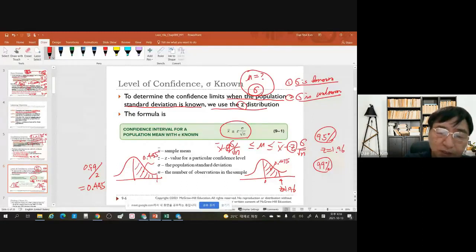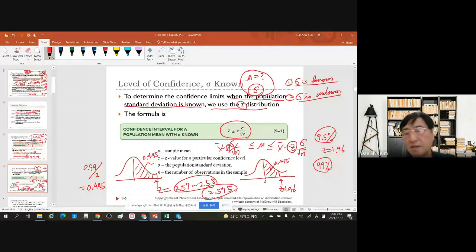Look at the table for 0.495: it lies between 2.57 and 2.58, so it's better to use 2.575.